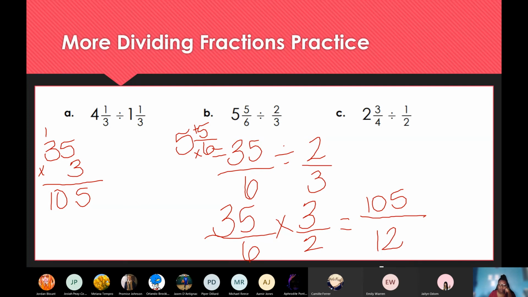Okay. So, am I finished? No. What do I have to do now? Simplify. Simplify it or make it a mixed number. Very good. So let's go ahead and do that.